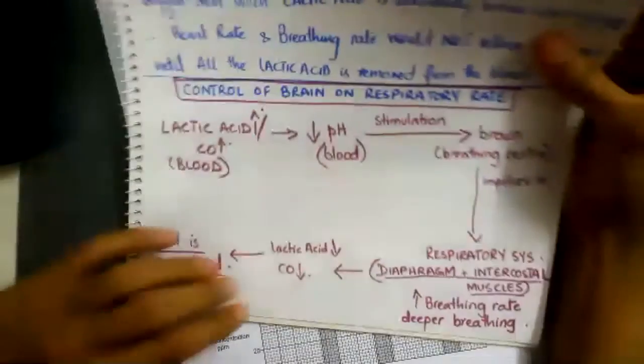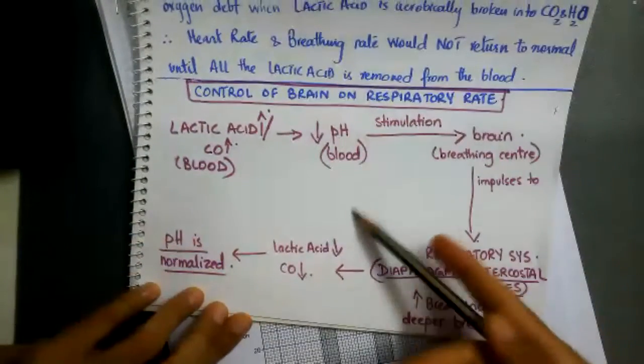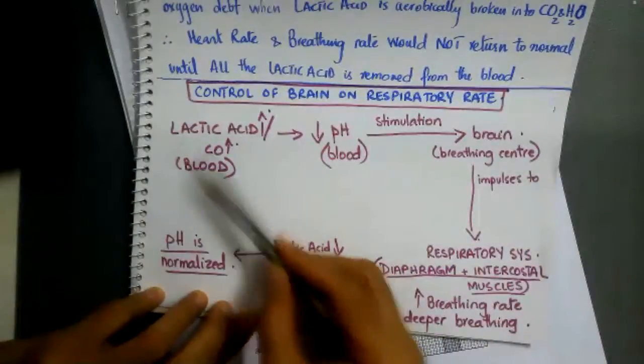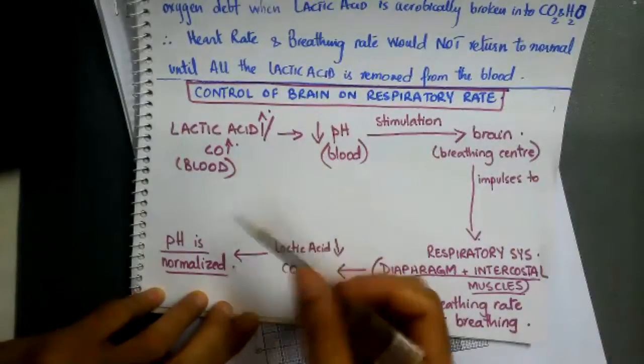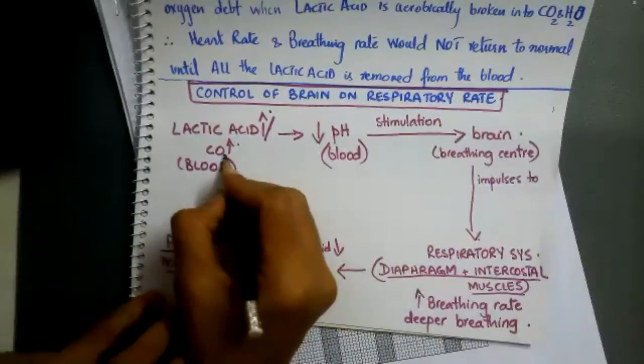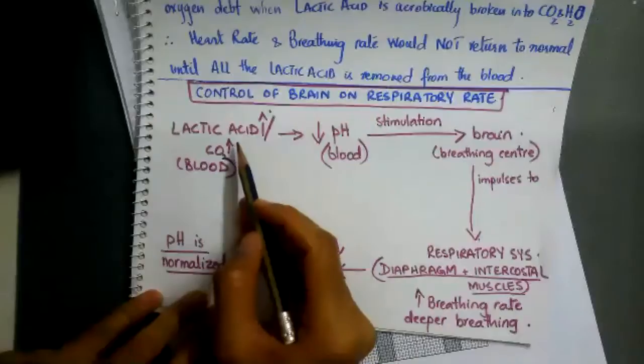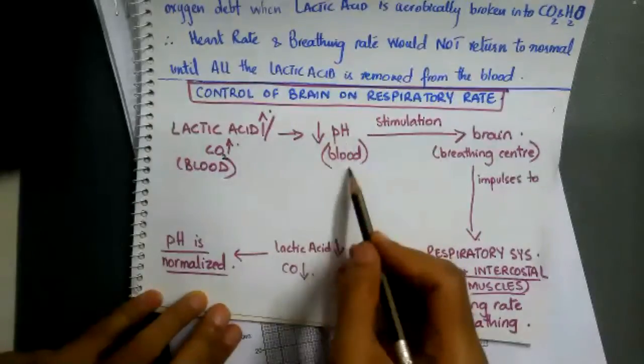So this is how our brain controls our respiratory rate. If the lactic acid accumulates in the blood, or if carbon dioxide rises in the blood, that will lower the pH.